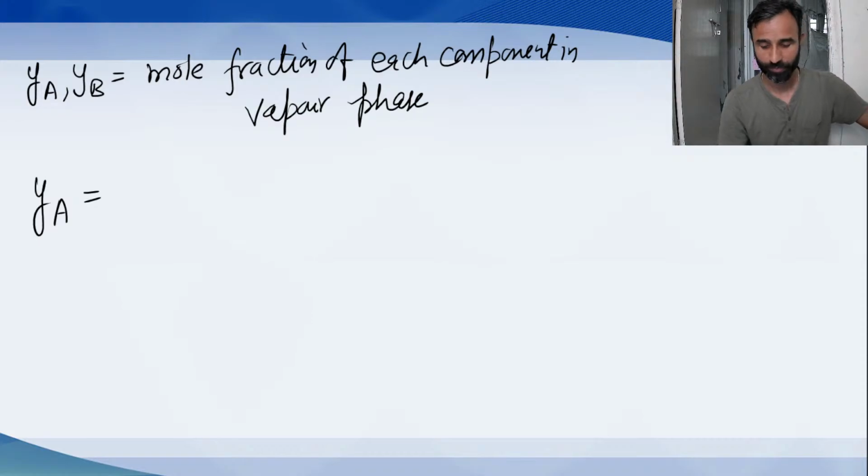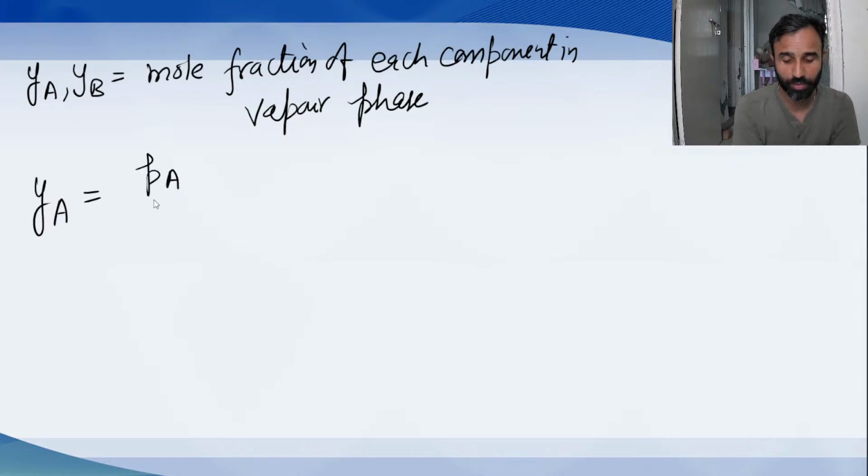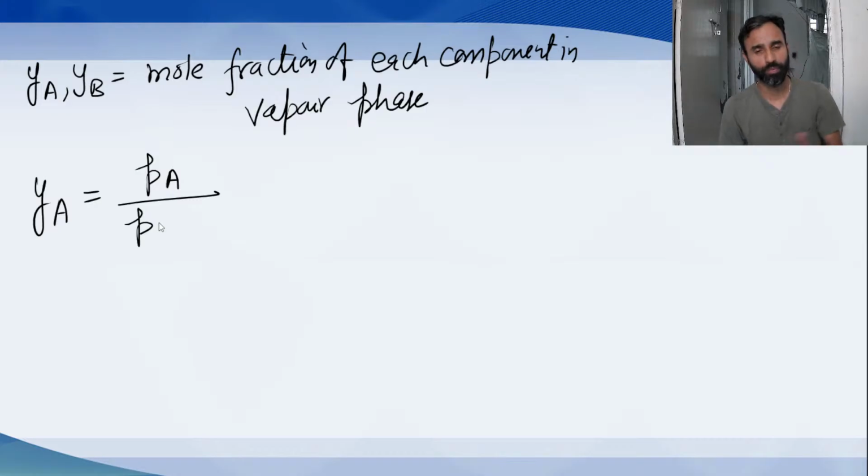What is Ya? Ya equal to Pa. In vapor phase it is Pa over P total, or P we can say.